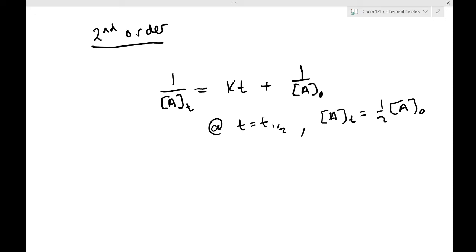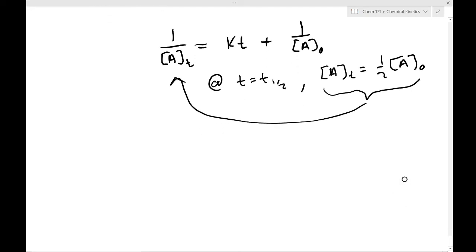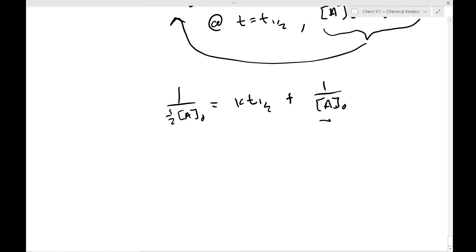So let's plug this back up in here and see what happens with this equation. We end up with 1 over 1/2 a naught is equal to k t 1/2 plus 1 over a naught. Okay, now all we have to do is solve for t 1/2. So let's begin by bringing this over to the other side by subtracting from both sides of the equation.